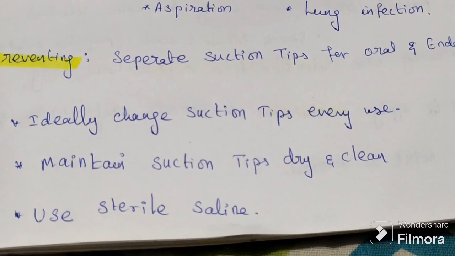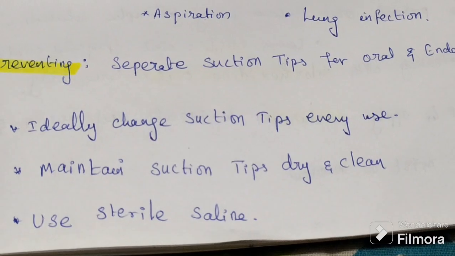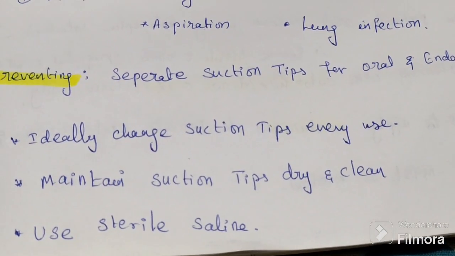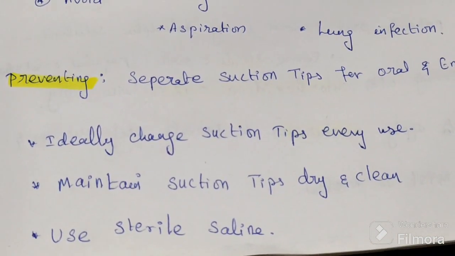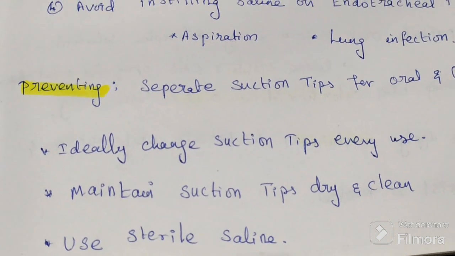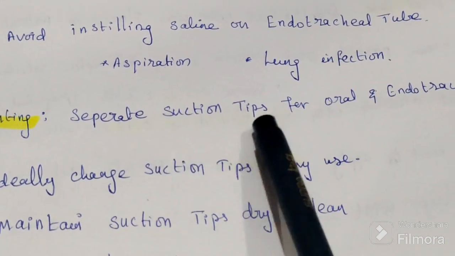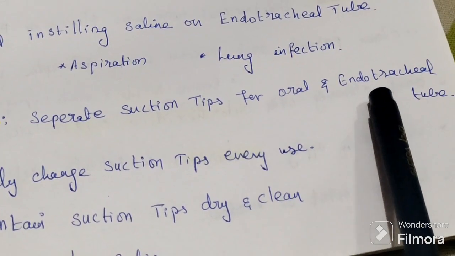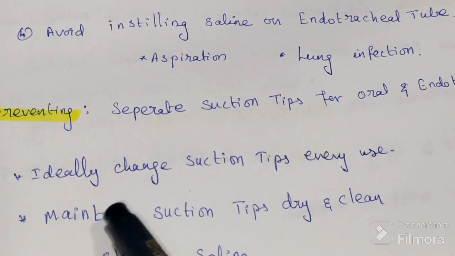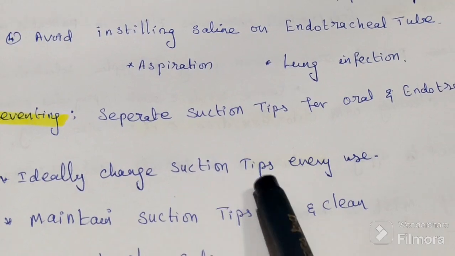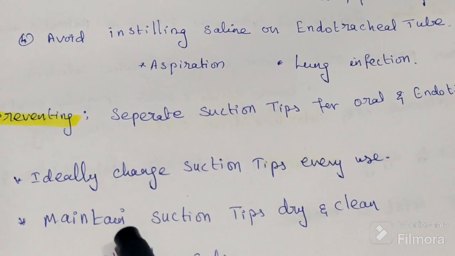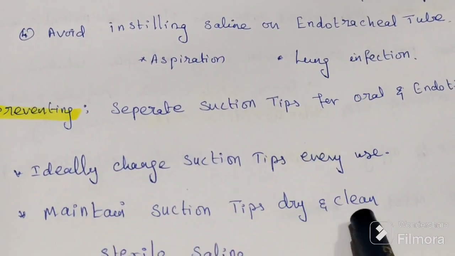Then maintain suction tube tips dry and clean. Then use sterile saline for suctioning. So, use separate tubes for oral and endotracheal tube, change the suction tube every use, and keep the suction tube dry and clean.